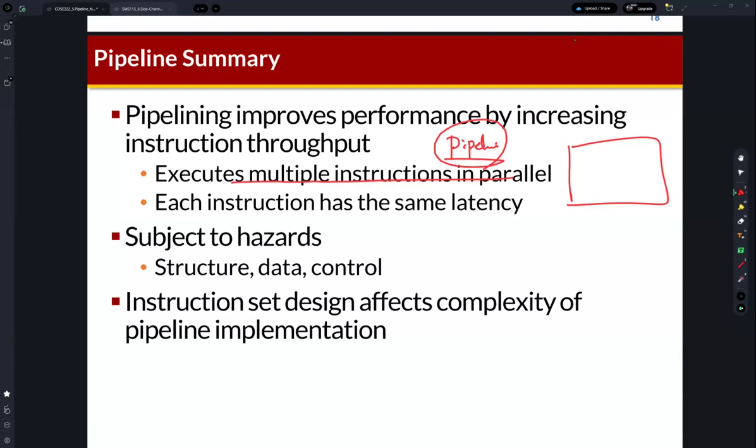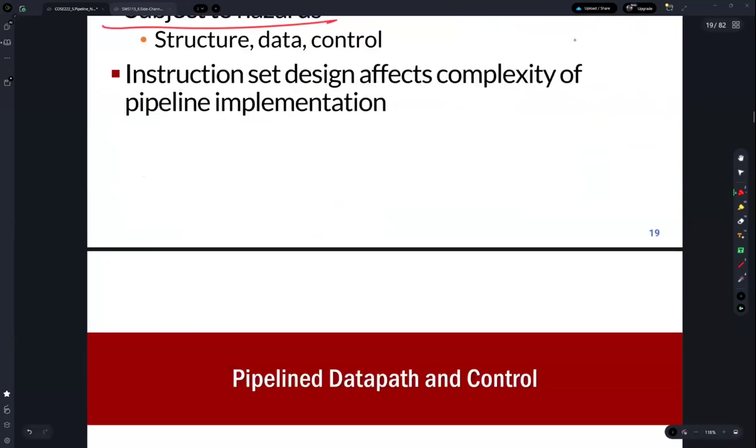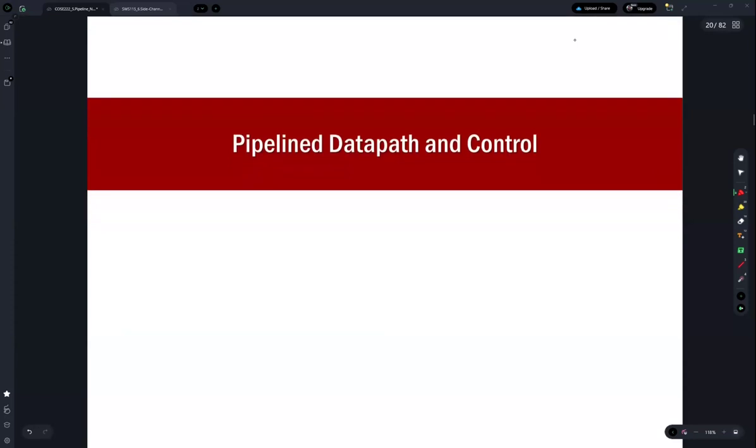And also you need to understand the hazard. I mentioned that this is very important, very critical. There are three types of hazard. So this is the basic of pipelining. And then we will learn how to implement the pipelining architecture in hardware.